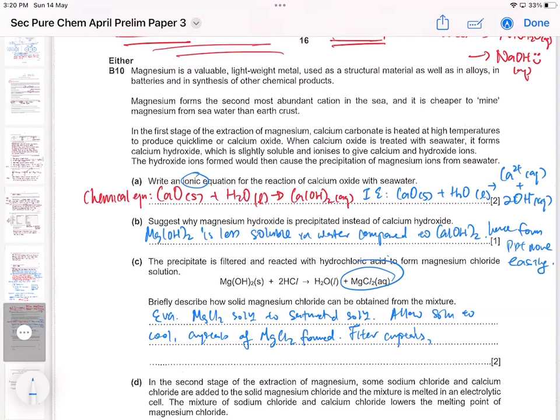If you want to do washing and drying, because this is a soluble salt, you need to be able to wash the crystals. Okay, we'll wash it with small amounts of cold distilled water.